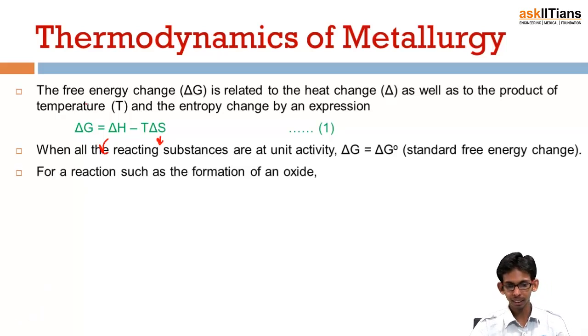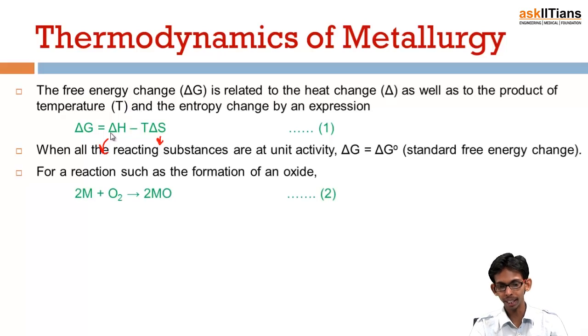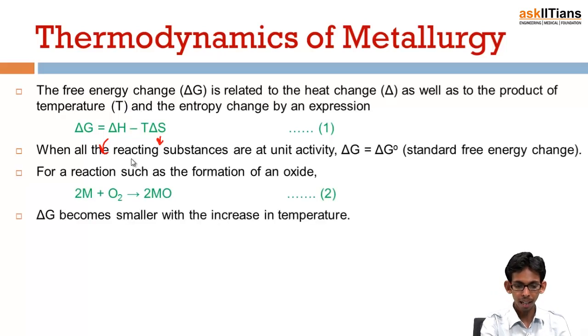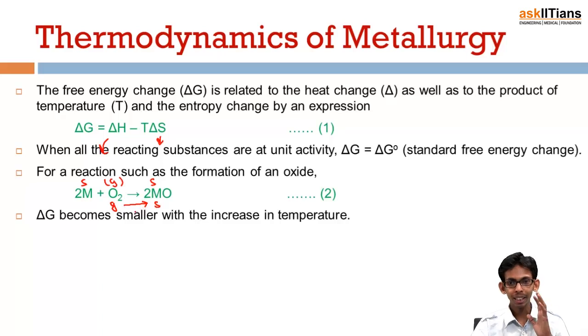For reactions such as formation of an oxide like this, delta G becomes less negative with increase in temperature. Why? It was solid, this is gas, and this is solid. So a gaseous reactant is converting into a solid. That means degree of randomness is decreasing, that means delta S is negative.